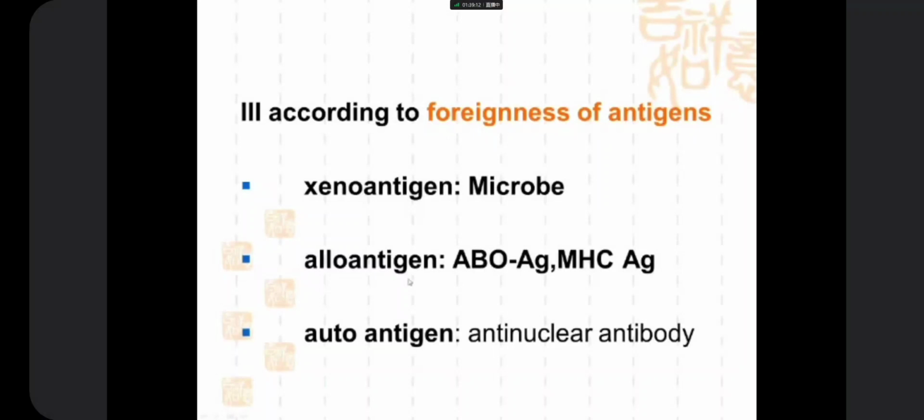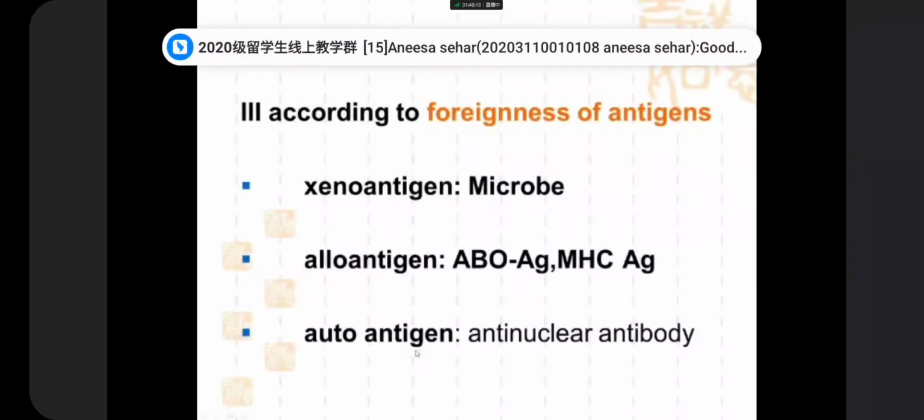The second group is alloantigen, 同种异型抗原, for example the ABO antigen on blood cells, and the MHC antigen on tissues from different individuals. Xenoantigen means 异种抗原.